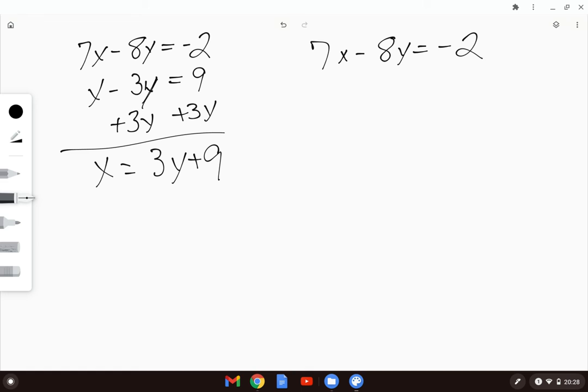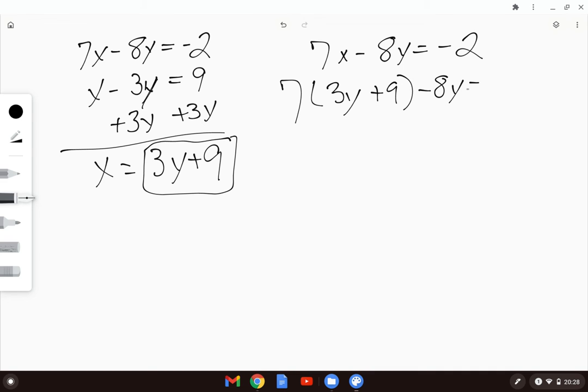All right, so now I simply take this expression and put that in for x because that is the value of x. So I have 7 times 3y plus 9. Then I distribute.